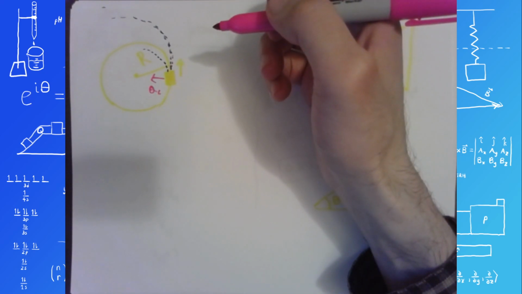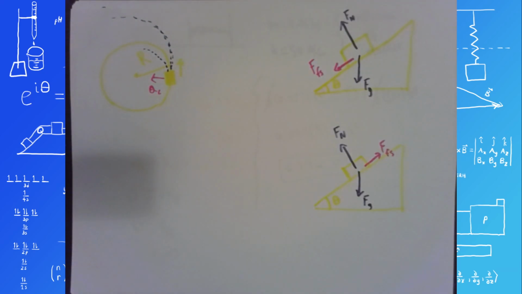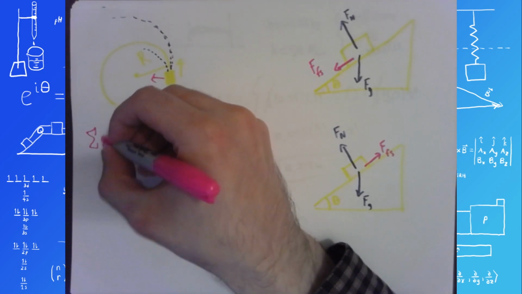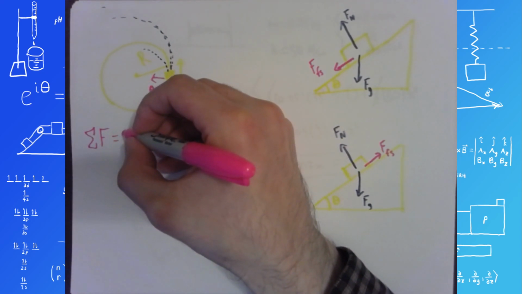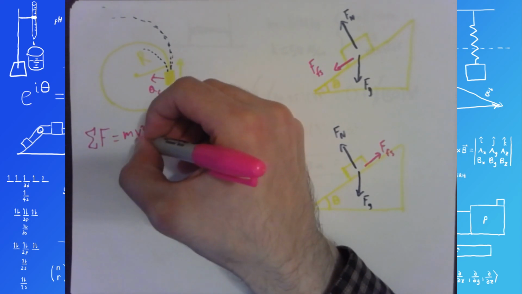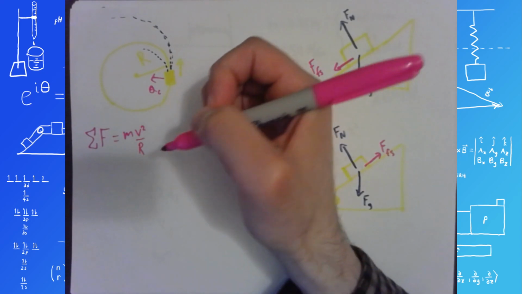In order to have acceleration in a particular direction, you have to have a net force in that direction. So if you want your acceleration to be straight to the left, you need your net force to be straight to the left, and the magnitude of that net force needs to be mass times centripetal acceleration, which is v squared over, in this case, big R.